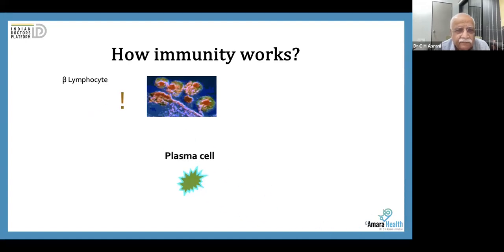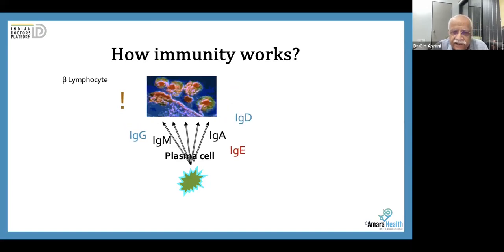And this B lymphocyte got converted to a plasma cell, which produces various antibodies: IgG, IgM, IgA, and IgE. IgD is generally not considered. So based on the foreign substance, which is non-self, it is decided what will be produced.